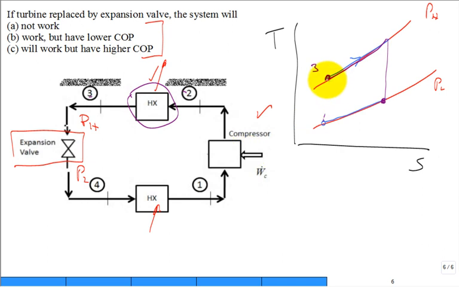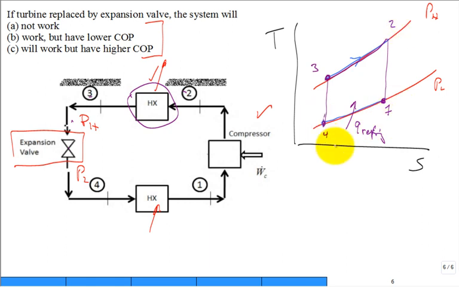Then when we expand it through that turbine, it would be down to state 4, and from 4 to 1 we get our refrigeration, our Q refrigeration, right? That makes sense?